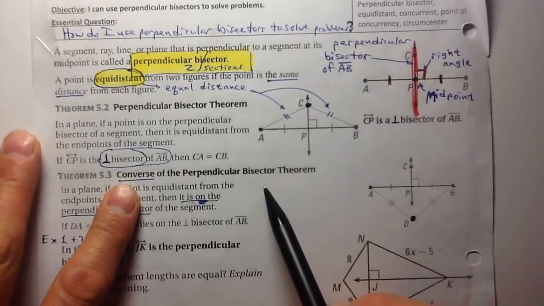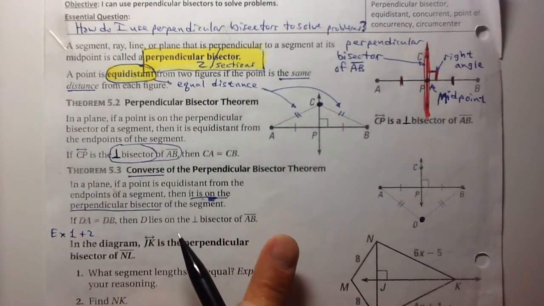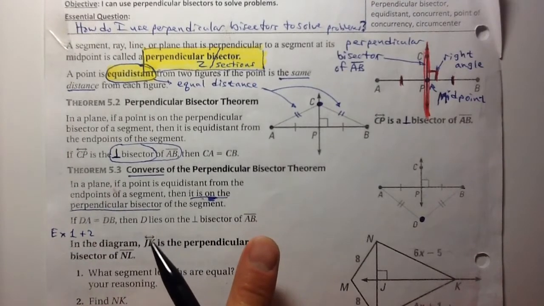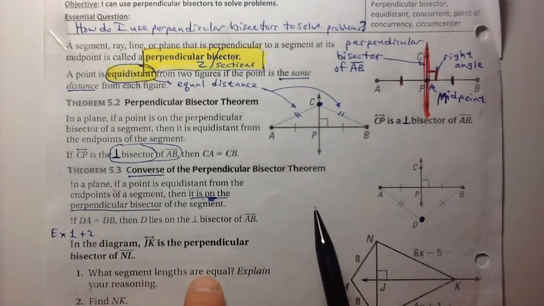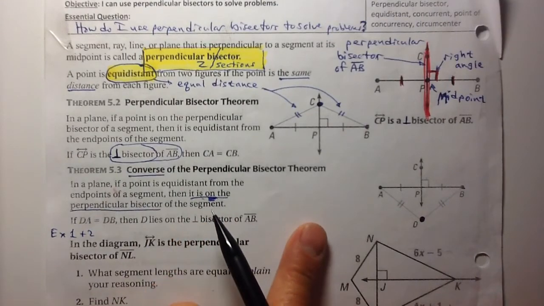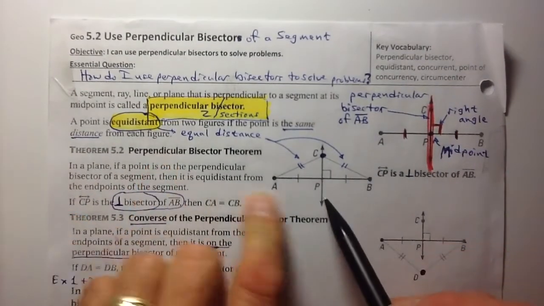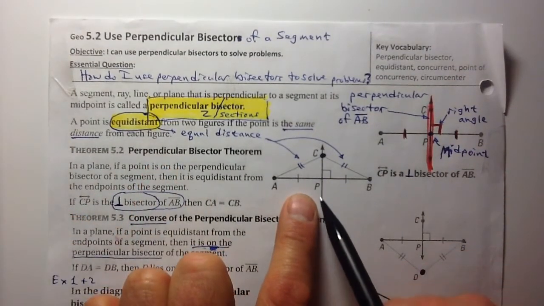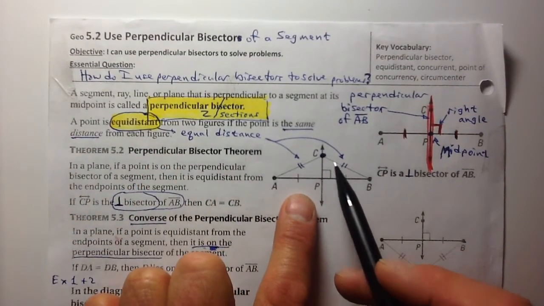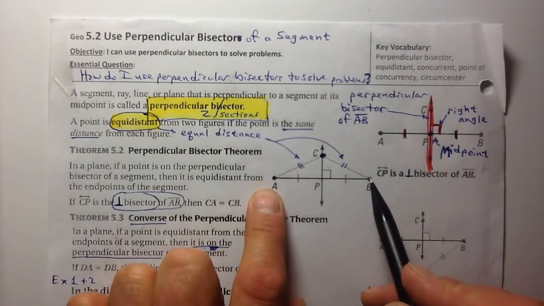Then a converse of that theorem, remember converse means to switch, so you're thinking of this guy, poor guy, wearing Converse sneakers. He has his right sneaker on his left foot and his left sneaker on his right foot. So you're switching. So what we said here first of all is that if this is a perpendicular bisector, then every point on it is equidistant from the endpoints.